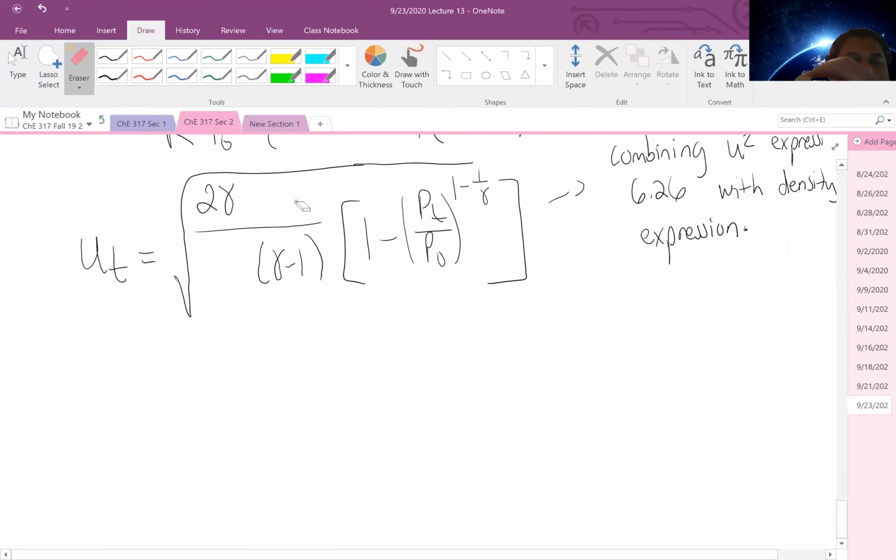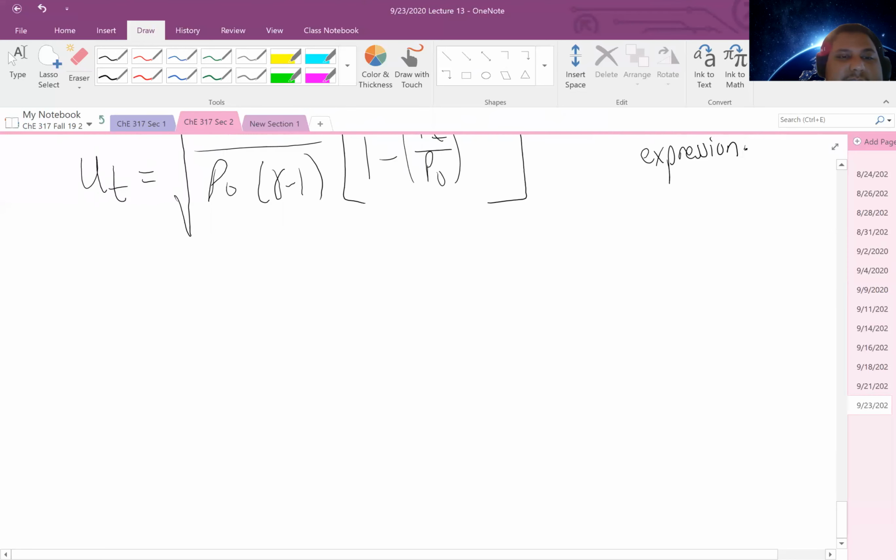So let's see, 6.26 says what? We have P naught here and rho naught here. Everything else seems to be the same. Let's see what that would give us.